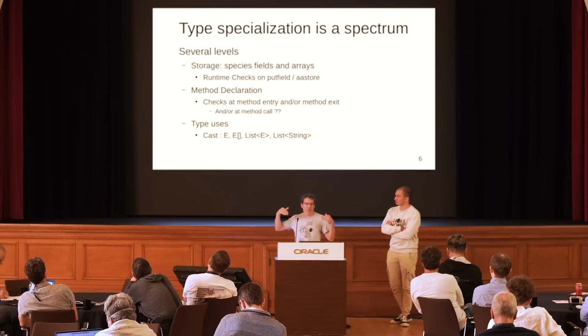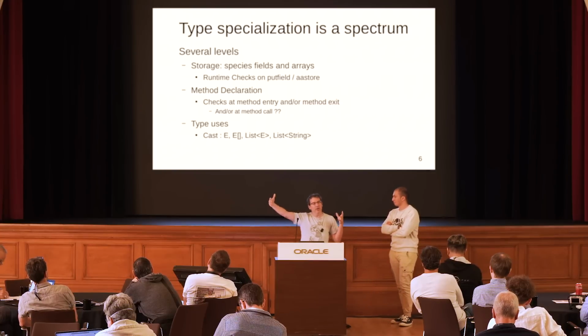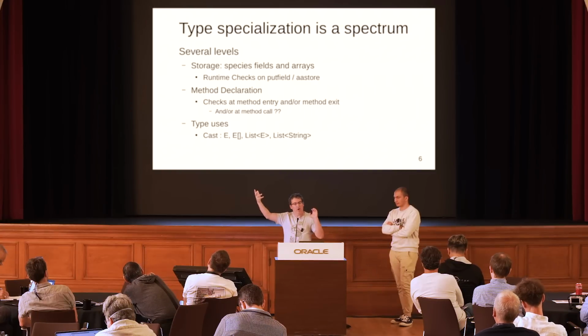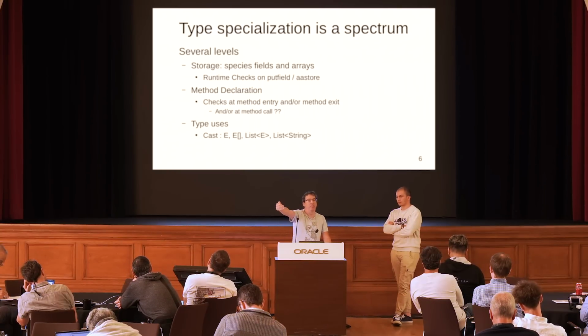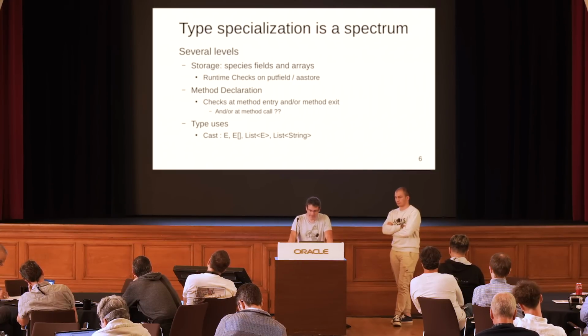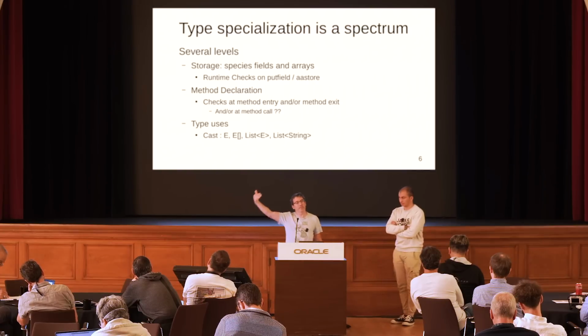But we can go further. We can say when you declare a method, if you have a String bang or a T bang, then the VM will check at runtime that what you pass as an argument is not null. So we can do that at method entry.